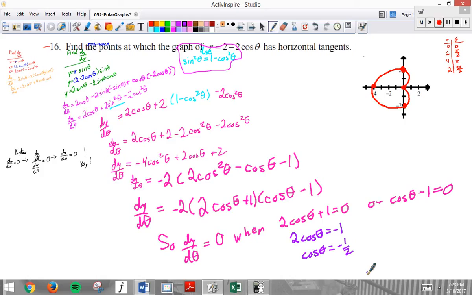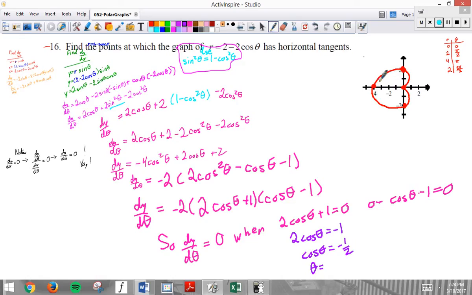Okay. What values give me cosine theta of negative 1/2? Cosine is going to be negative over here.